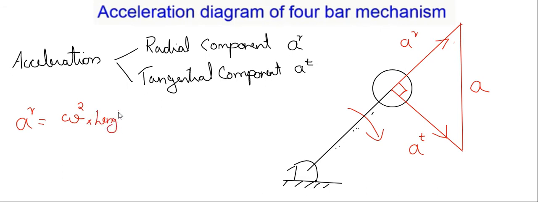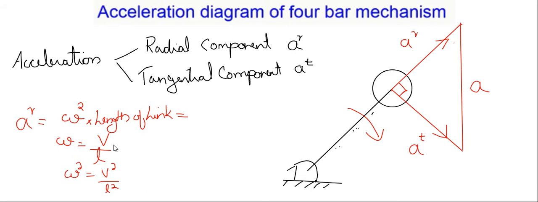length of the link. We already know omega is equal to v by length of the link, or v by L. I call the length of the link as L. So omega square will be equal to v square by L square.